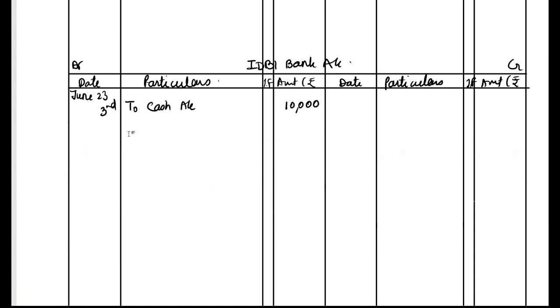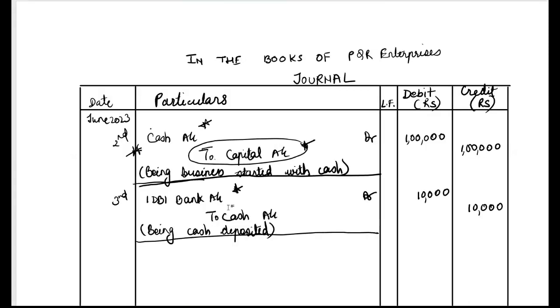Now, does this end the transaction? The answer is no. We have given the debit impact of that particular account, that is IDBI bank account. Now I am going to give the credit impact. How to give the credit impact? Simply go to the journal entry, see what your credit side is. Credit side is cash account. So I'll have to go to the credit side of which account? Cash account, and write the remaining part of the transaction, which is IDBI bank account.